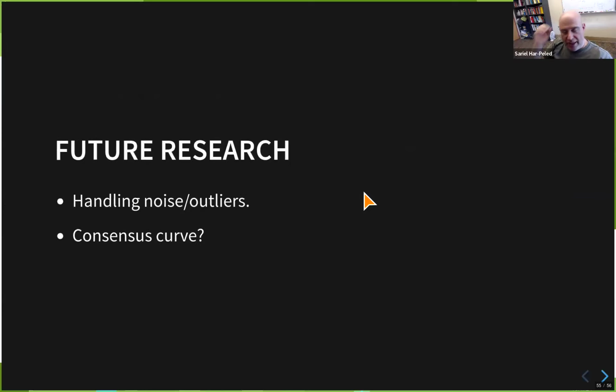Okay, future research. I think one interesting thing is to try and handle things like noise and outliers, which I think with the retractable notion becomes much more natural. Another interesting problem is to try and do things like a consensus curve, right?